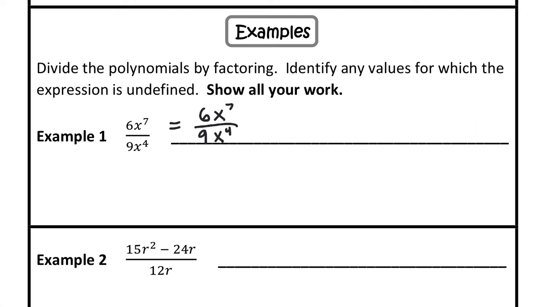Right? So we have the same way as saying, I can say 6 is 2 times 3, right? And I have how many x's on top, right? 7. 1, 2, 3, 4, 5, 6, 7.